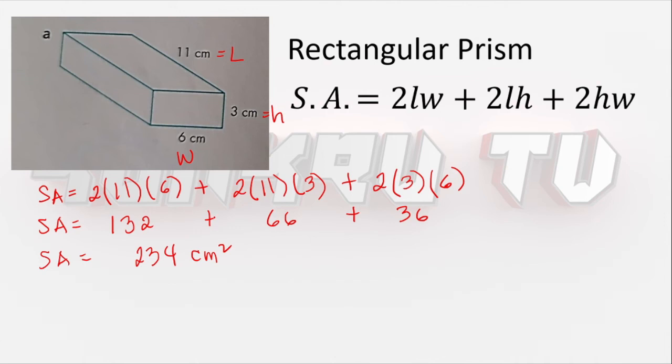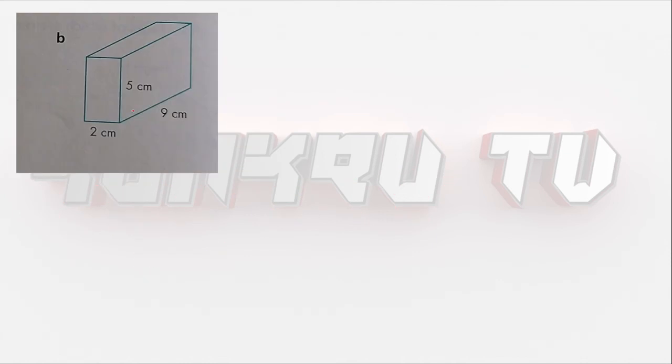Okay, next. Last example for this video. Alright, so pwede natin itong 9 cm, pwede natin gawing L, length. Ito yung ating width. At ito yung ating height. Okay. So, SA is equal to, ano nga yung formula natin? 2 times length times width plus 2 times length times height plus 2 times height times width.